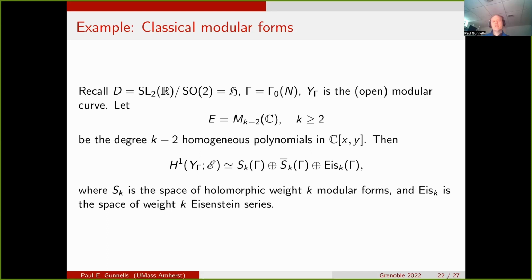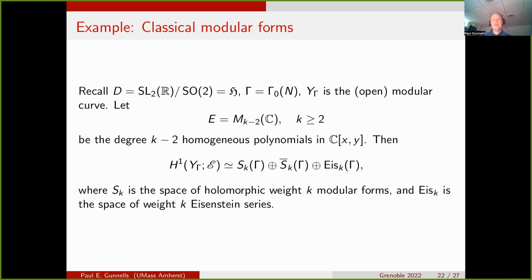And then you have another summand, which corresponds to weight K Eisenstein series. So when you have, let's say, the full group SL2 of Z, then there's no weight 2 Eisenstein series, say when K equals 2. But in general, even for K equals 2, for higher levels n, there could be a non-trivial contribution there.